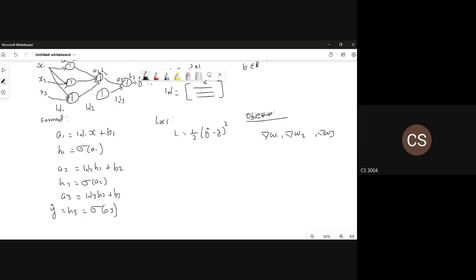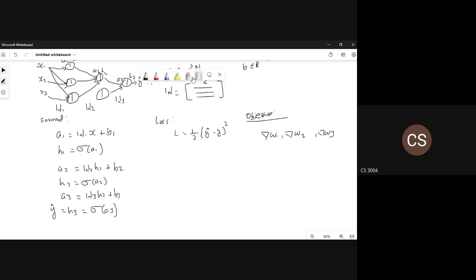Similarly for B1, B2, B3. So how do we compute the gradient is the question. To compute the gradients, we have a number of methods. For deep networks, backprop works well. Of course, we have L-BFGS and other second order methods also, but here we are going to focus only on backprop.